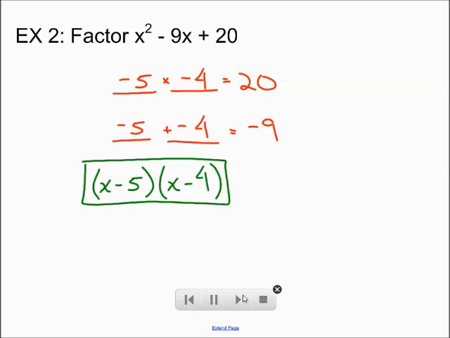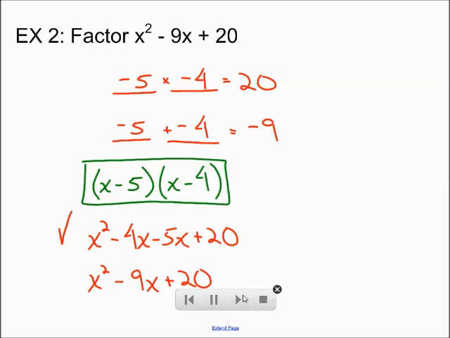Check that answer again. x times x is x squared, x times -4 is -4x, -5 times x is -5x, and -5 times -4 is 20. Combine like terms, we see we get the original trinomial. That's what factoring is. It's taking the original trinomial and turning it into two values, in this case binomials, that you can multiply together and get the original trinomial.